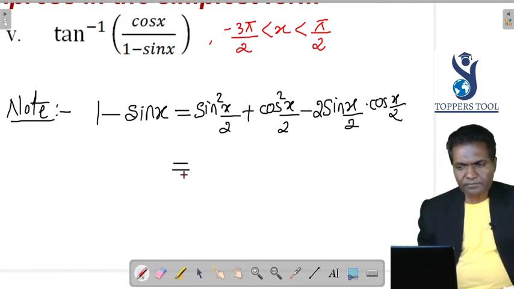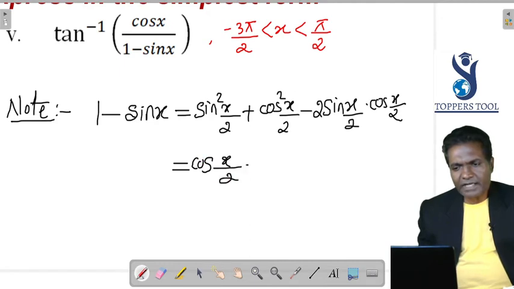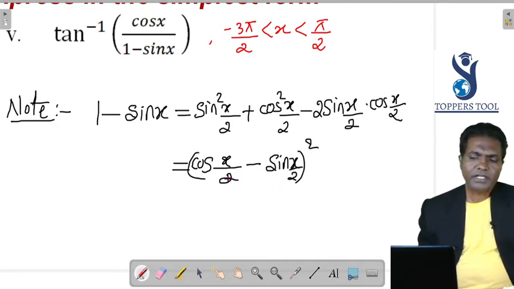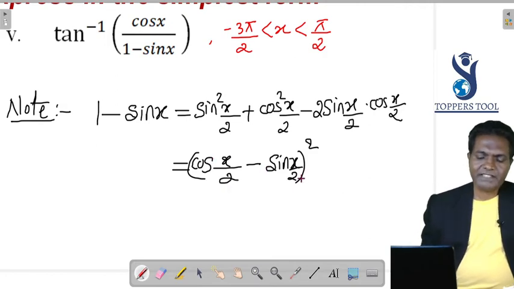Okay. Now this is of the form a square plus b square minus 2ab. So I write it as cos x by 2 minus sin x by 2 whole square.